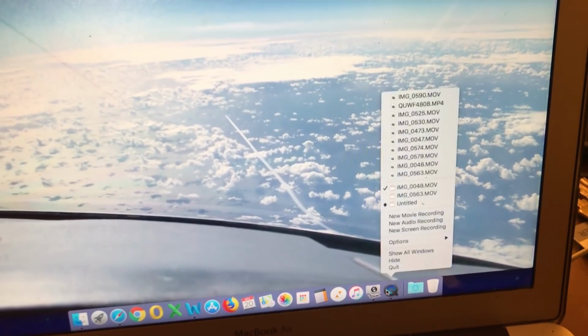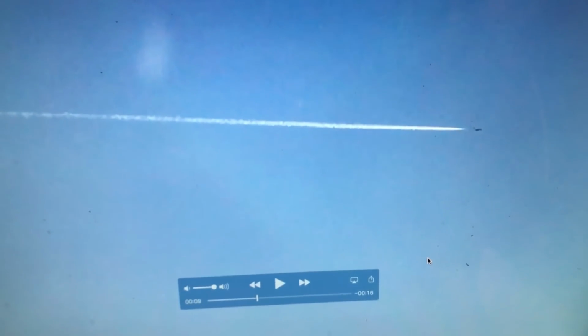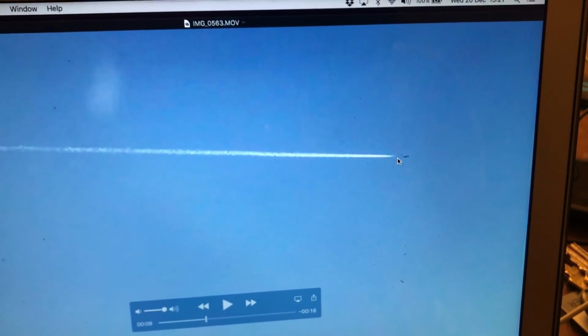Now, in the USA, just the other day, we saw this one, and we were at 41,000 feet, and this vapor trail was 2,000 feet above us, and you can see that the trail does not even start at the aircraft. It's about one aircraft length behind, because all it is water vapor that is freezing into ice crystals.